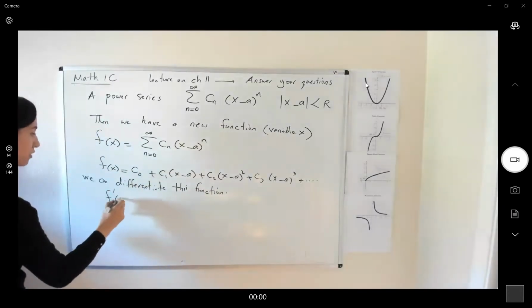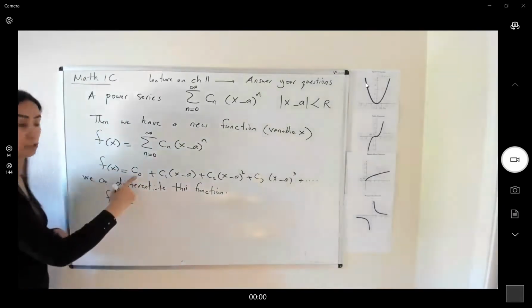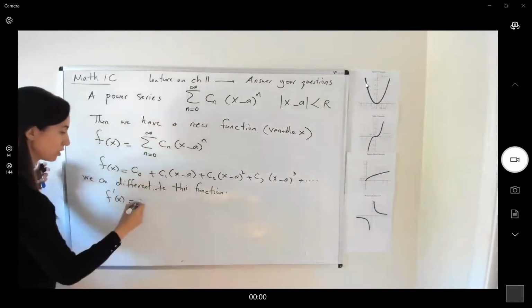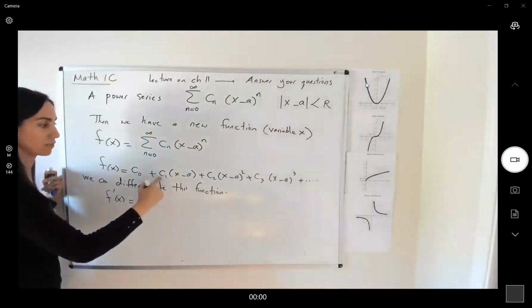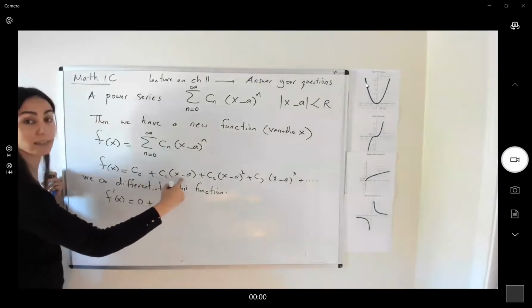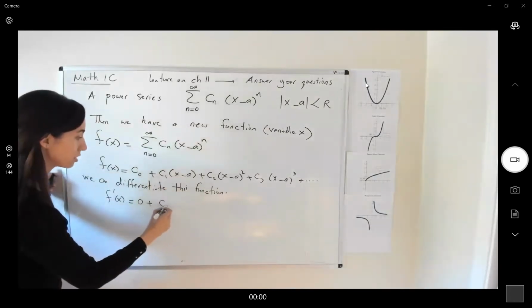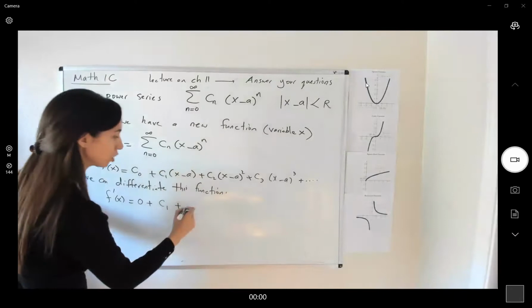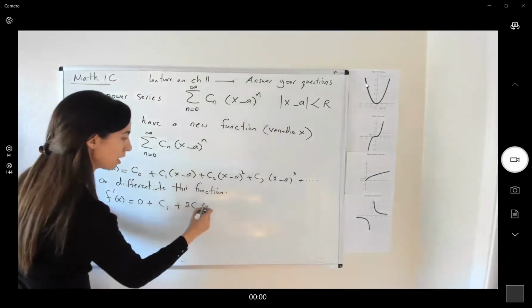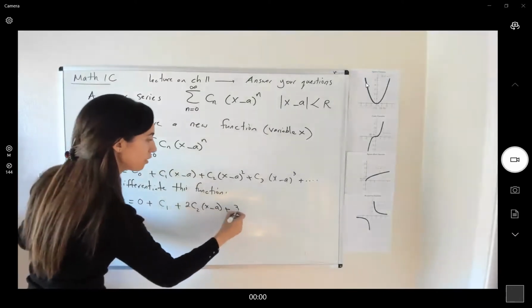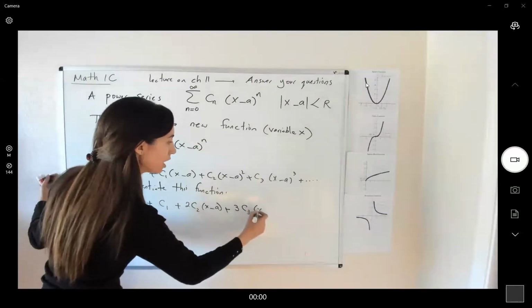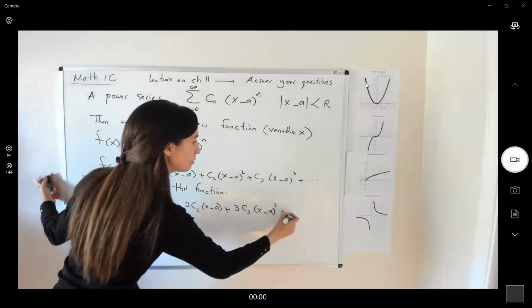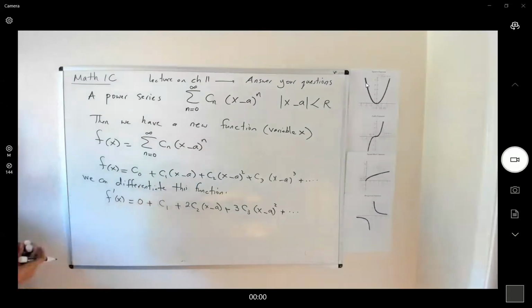So the first derivative of the function is equal to the derivative of constant is 0 plus the derivative of c sub 1 times x minus a is just c sub 1 plus 2 times c sub 2 x minus a plus 3 times c sub 3 x minus a to the second power and so on.